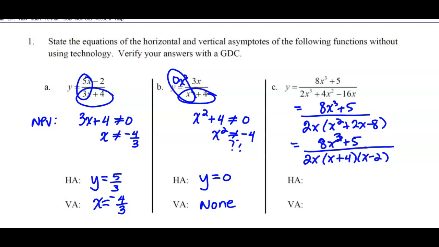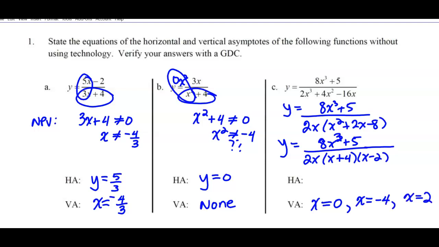So then, that's y equals. So your vertical asymptotes, don't forget about this x. One of them is x equals 0. Another is x equals negative 4. Another is x equals 2.